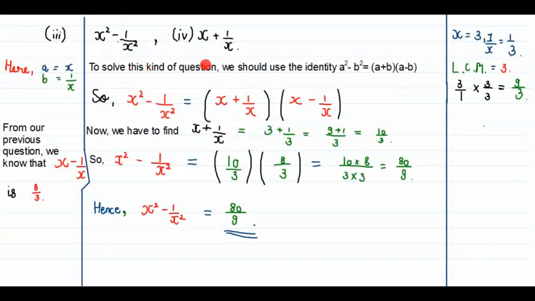So I have given it as a different question. So now we have to find the value of x plus 1 by x, which is equal to 3 plus 1 by 3, because x is equal to 3 and 1 by x is equal to 1 by 3 as given in the question.